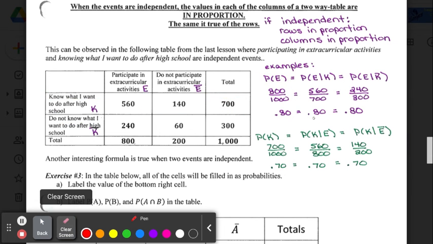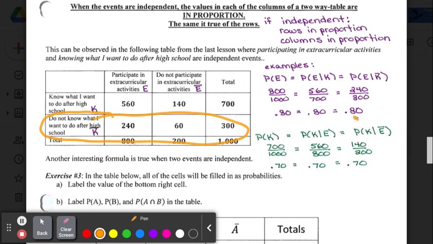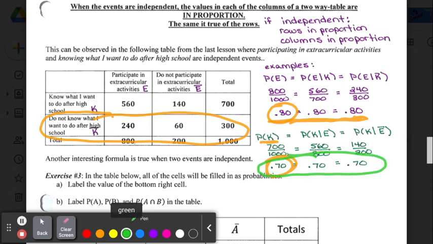And then the probability of extracurricular given not K, 240 over 300, they all simplify to the same value. Now we could do that same thing. You could do the K first, the probability that you know. It doesn't matter. You get different numbers, but when you're testing for independence, they're all the same number.